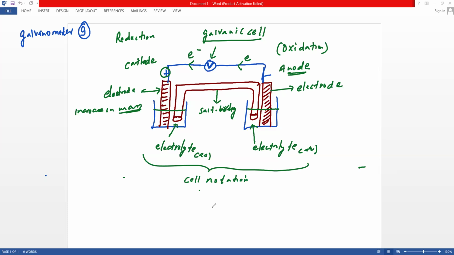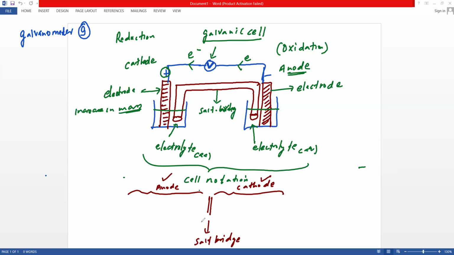Number one, we have something called this vertical line. This is the symbol for a salt bridge. This compartment is for the anode, and this one is for the cathode. So between the anode and the cathode, we have a salt bridge.